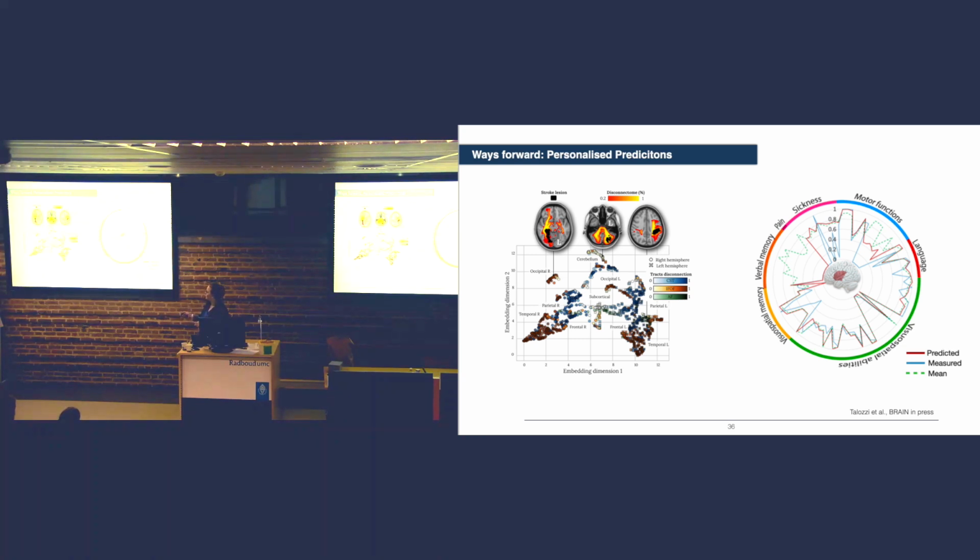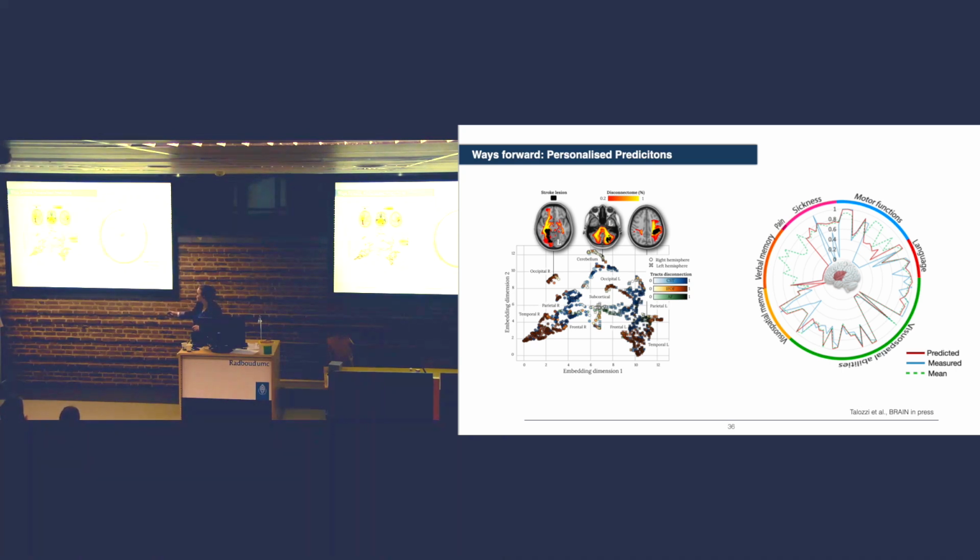She then created, using a machine learning algorithm, the space of where those disconnection patterns land. And here, patients with a similar pattern clustered together, and patients with different patterns are separated.